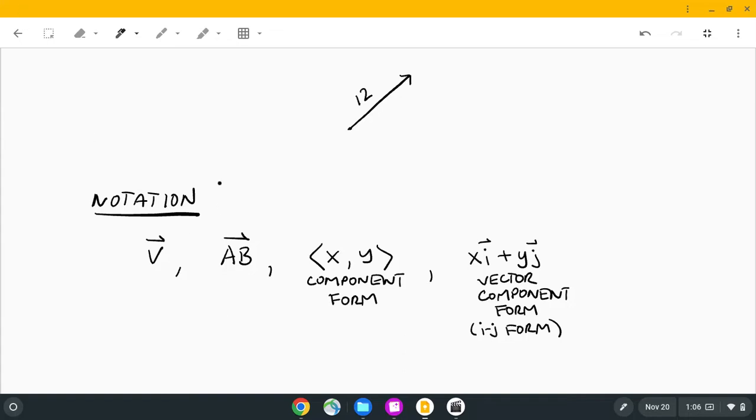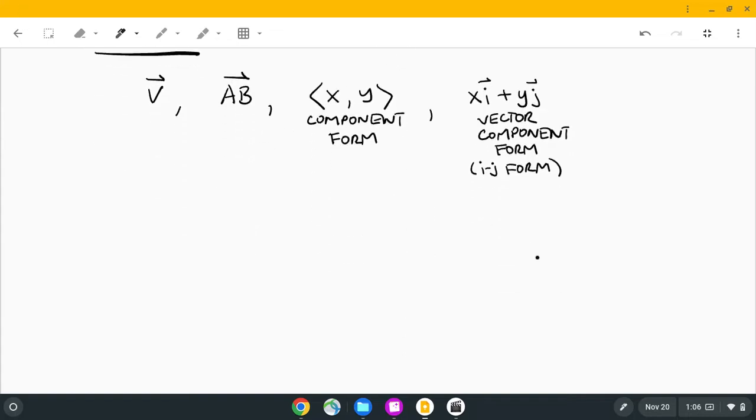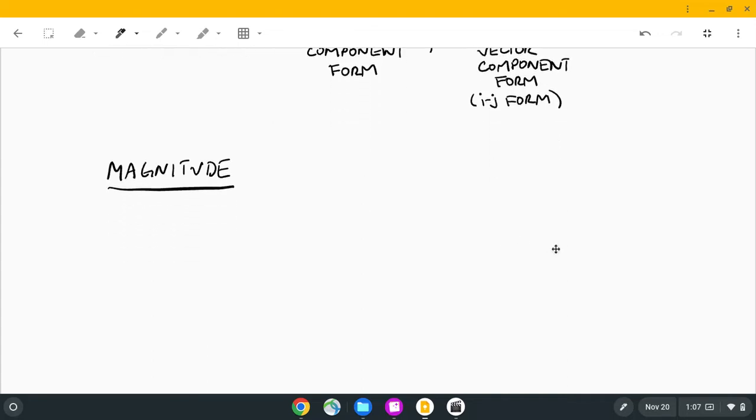Okay, the magnitude. Let's take a look at that. How do we find it? Like I said, normally the magnitude would represent the amount of force. But if we're just talking about a vector in space, then the magnitude is the length of the vector.